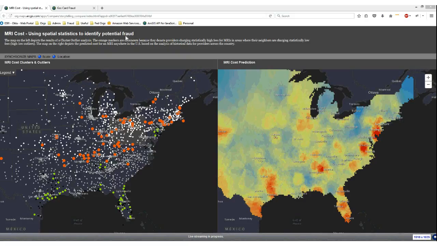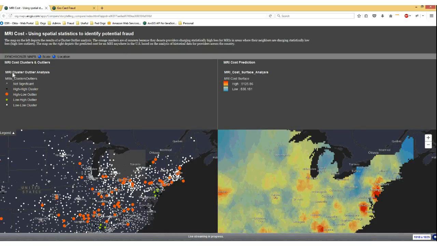What's interesting about this map is it takes the charge of the MRIs at these hospitals and puts them into clusters. The black and the green dots indicate high clusters and low high clusters. The black dots indicate hospitals that are charging a premium for their MRIs in an area that is also charging a premium.